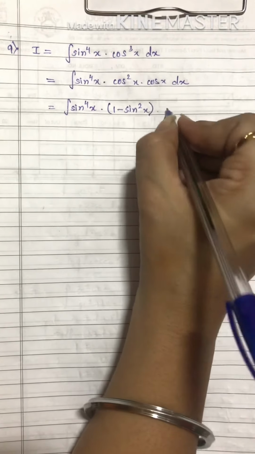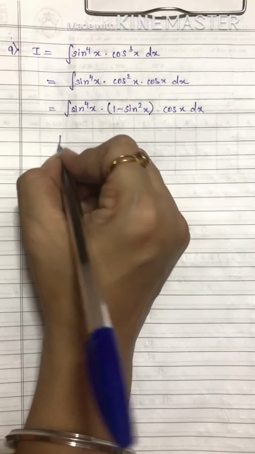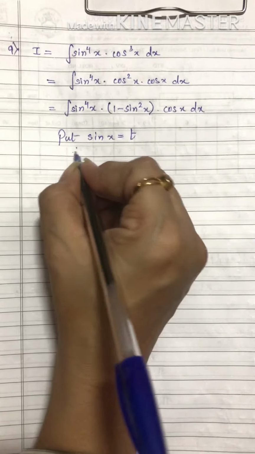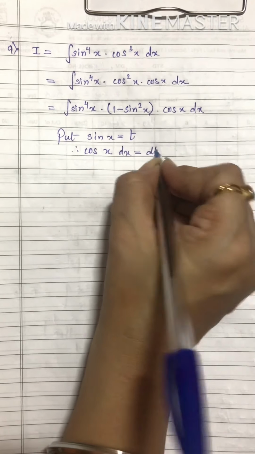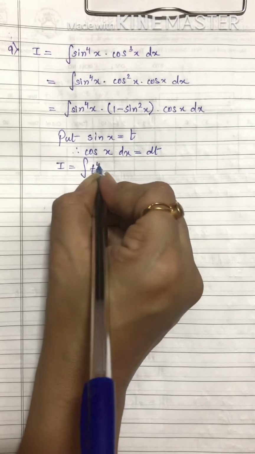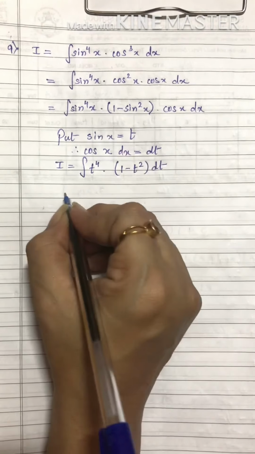I am bringing this in terms of sine here. Okay, after this I substitute, put sine x is equal to t, therefore cos x dx is equal to dt. On differentiating with respect to x, I becomes t raised to 4 into 1 minus t square dt.